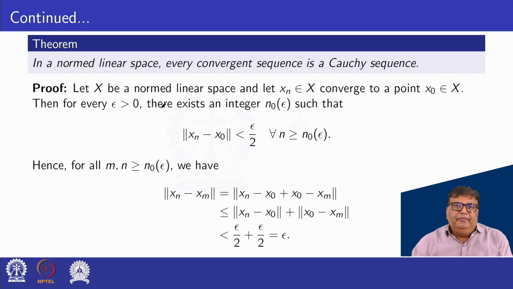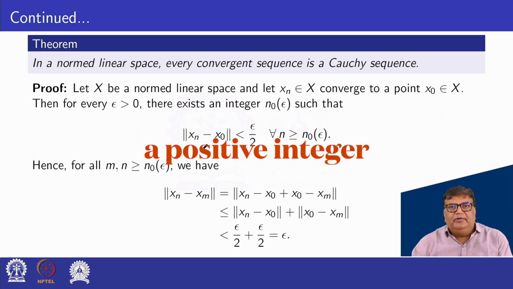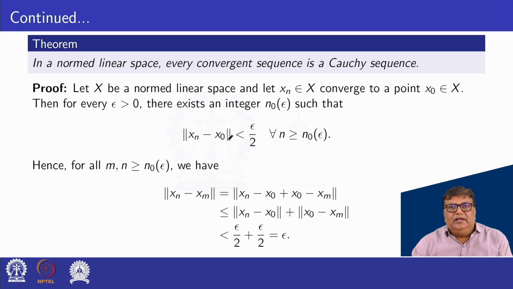Then for every epsilon greater than 0, there exists an integer n0 such that norm xn minus x0 is less than epsilon by 2 for all n greater than or equal to n0, as per the definition of a convergent sequence.